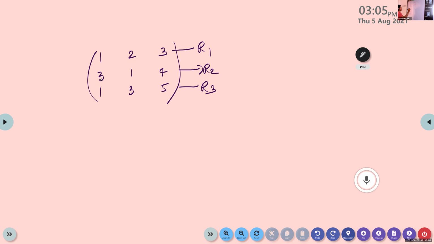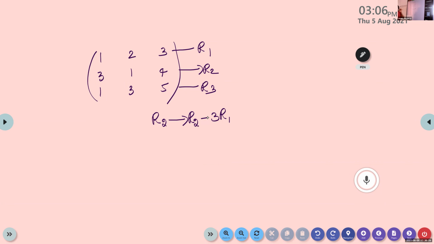In the first row we have 1. The change happens in the second row. I'm going to multiply the first row by 3 and subtract it from the second row: R2 gets R2 minus 3R1. I don't want a change in the first row and third row; they should be as such. The change should happen in the second row. How should it happen?